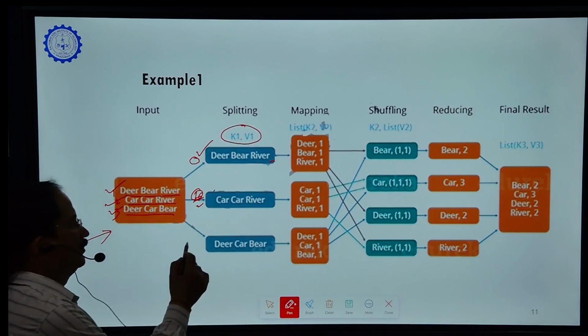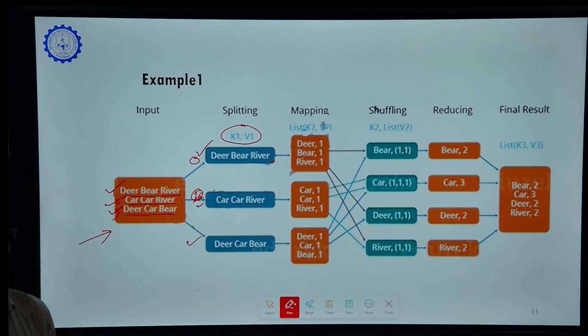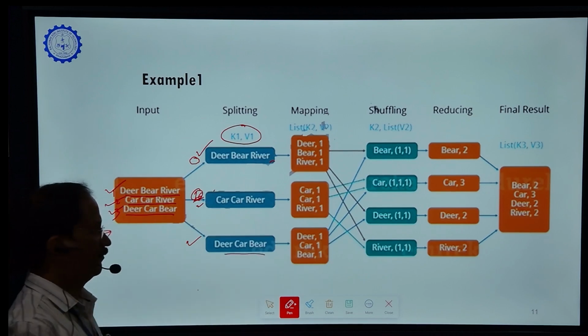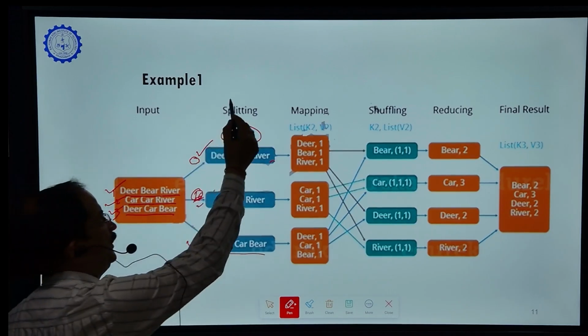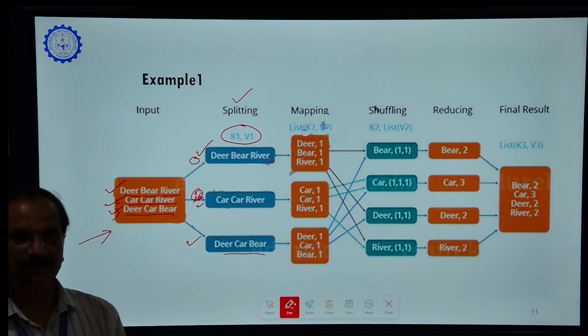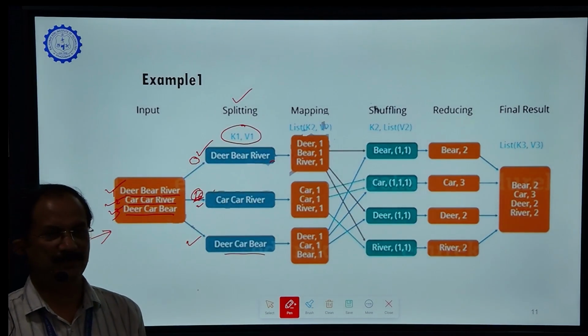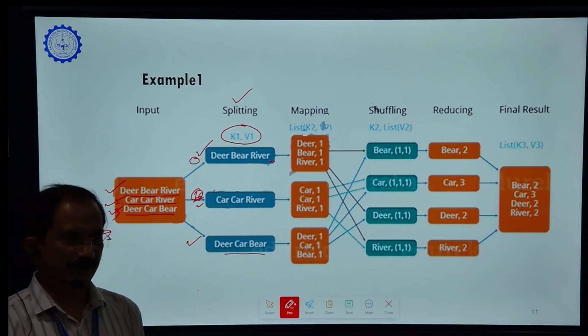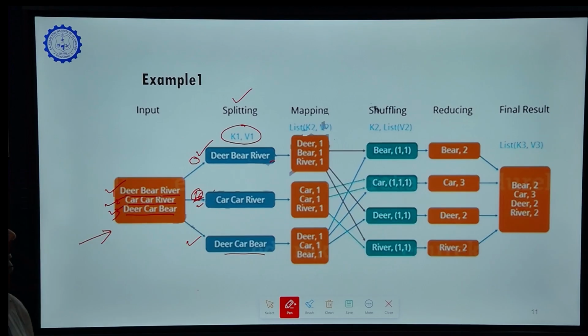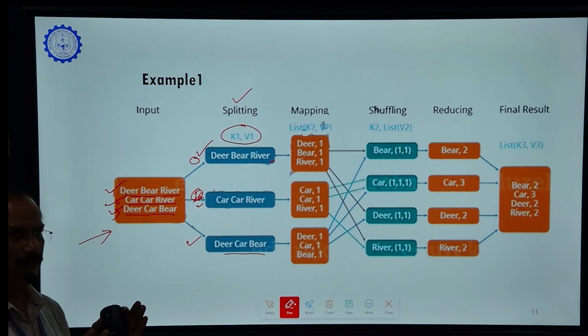Similarly, there will be a key and the rest of the statement will be the value. Now this splitting is completed. How was this splitting done? With the help of the map reduce function. Generally the programmer writes a program for how to split the data, because we have to process that data.